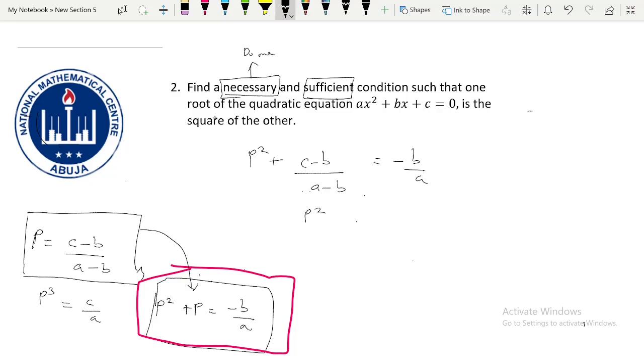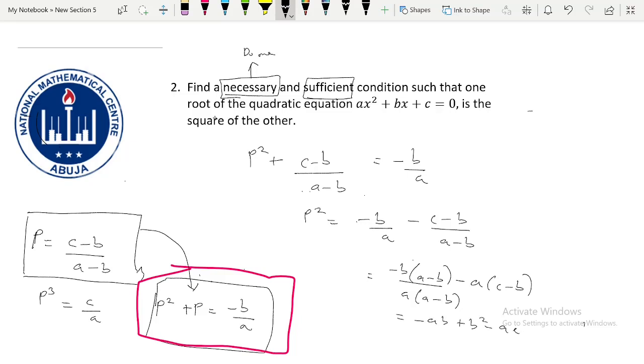So p square will be minus b over a minus c minus b over a minus b, right? Which is LCM a into a minus b. Then you simplify: minus b into a minus b minus a into c minus b. Expand, which has to be minus ab plus b square minus ac plus ab over a into a minus b.